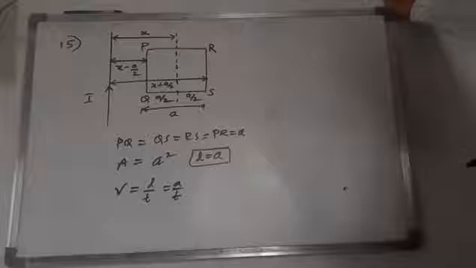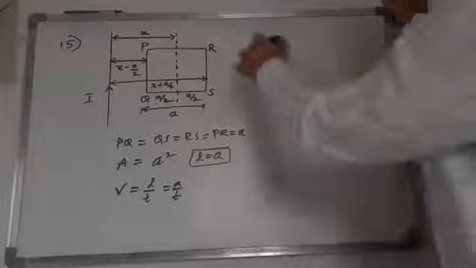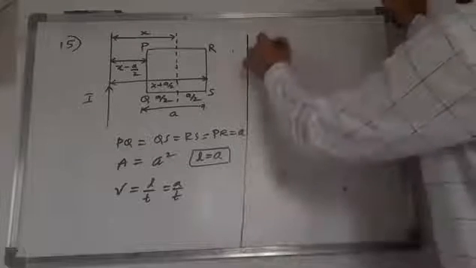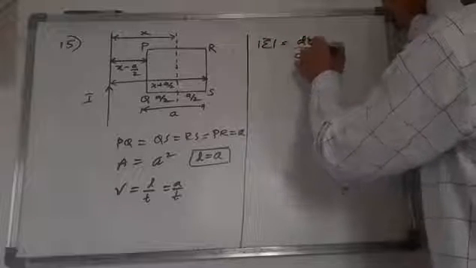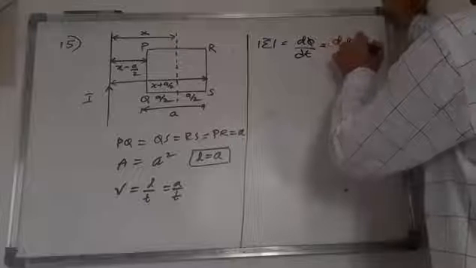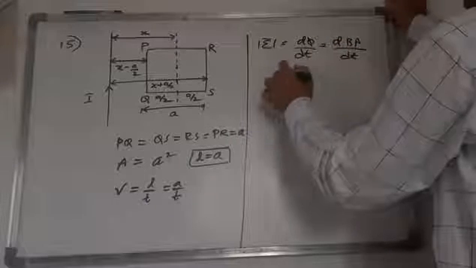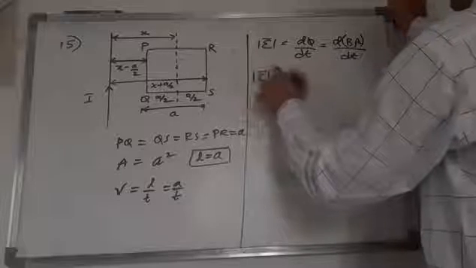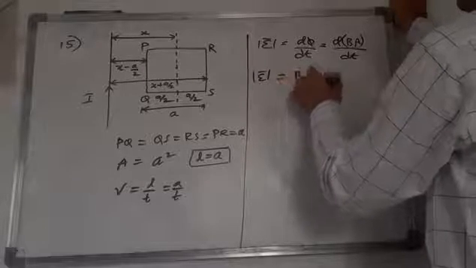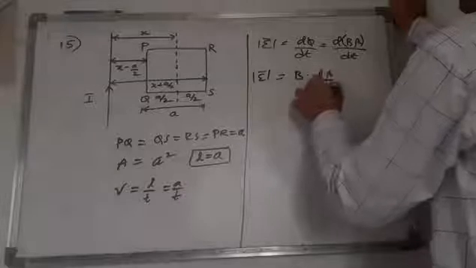So what we can write first of all, we know the formula epsilon is equal to d phi by dt. This is equal to d(BA) by dt, and epsilon magnitude must be equal to B into dA by dt.